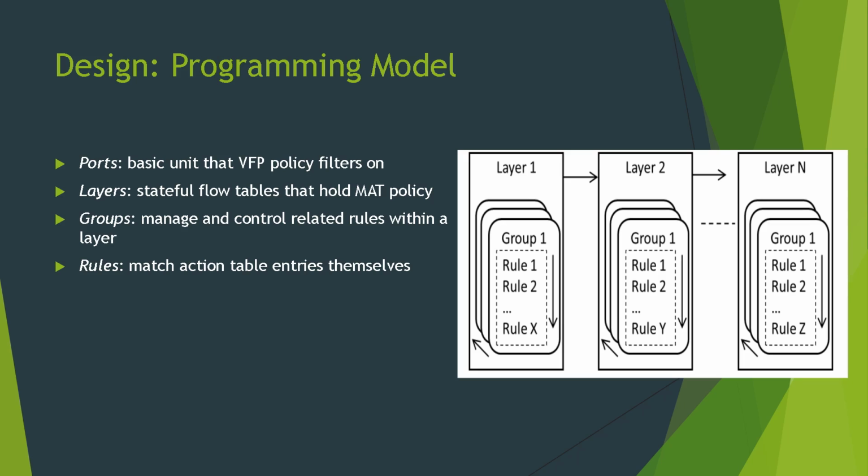These objects include ports, which are the basic unit that VFP policy filters on, layers, which are stateful flow tables that hold match action table policies, groups, which are used to control related rules within a layer, and the rules themselves, which are the match action table entries.